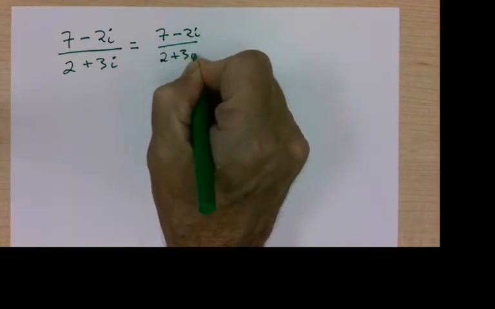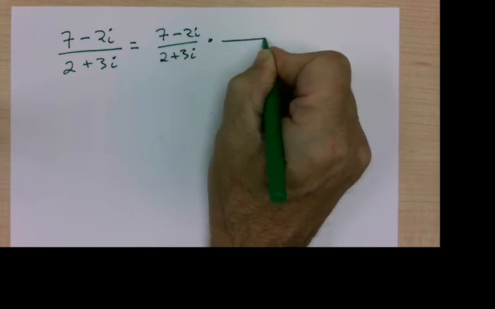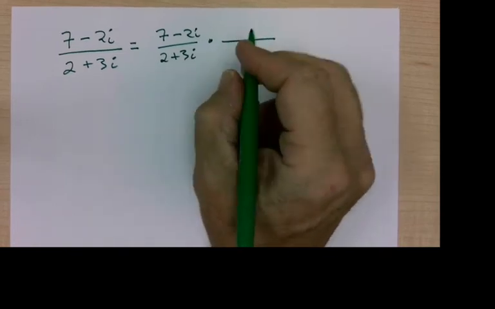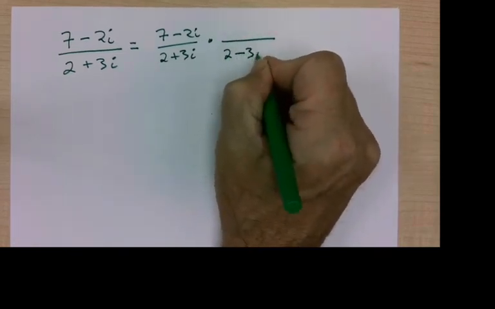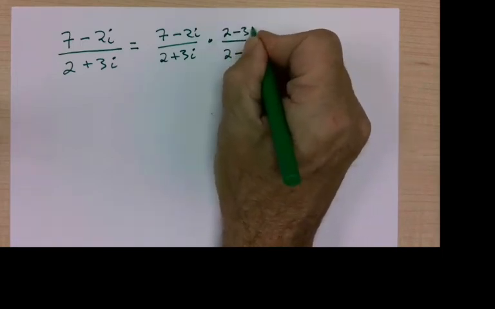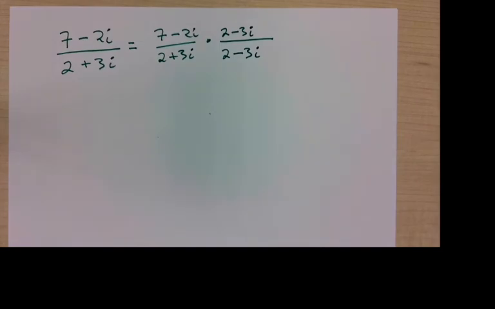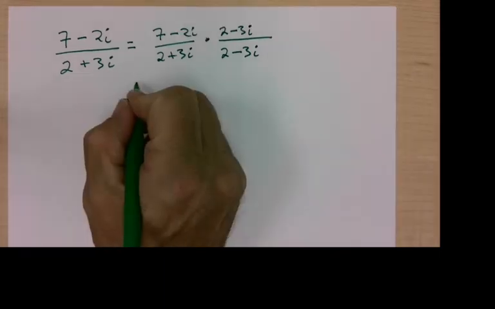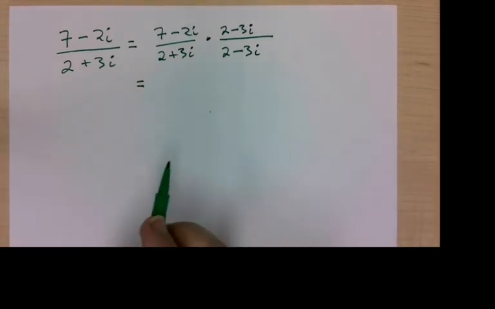The conjugate of 2 plus 3i is 2 minus 3i. Multiply the bottom by 2 minus 3i and the top by 2 minus 3i. If we multiply the same thing on the top and the bottom, we know that we have not changed the value of the fraction. So what will this be? We're going to multiply those.